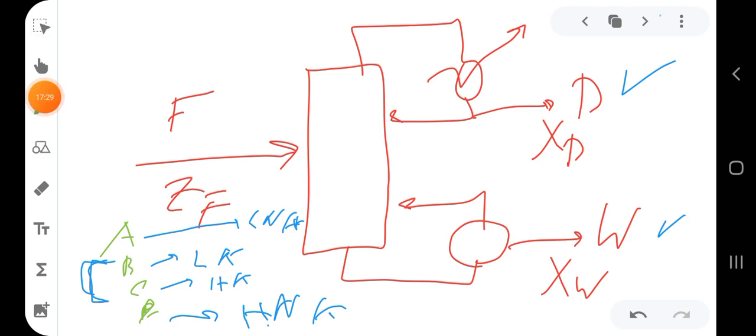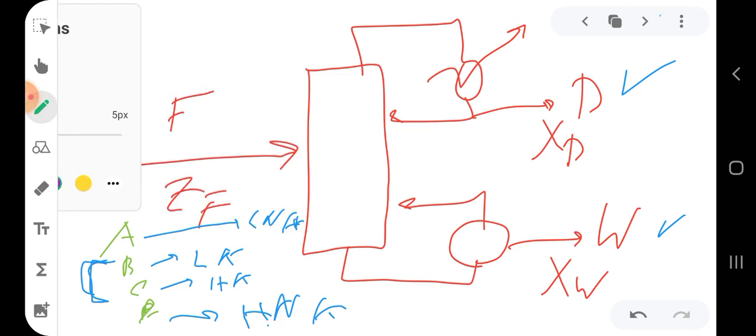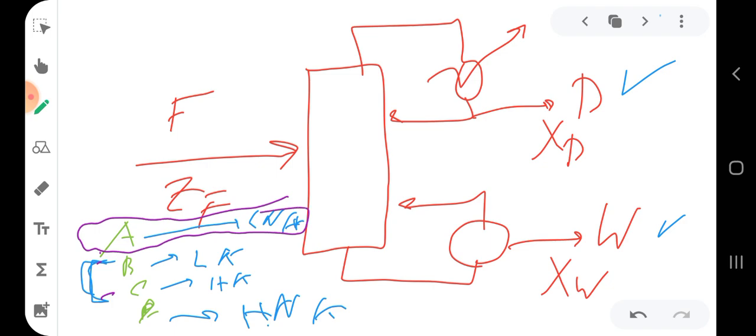So back to our example. Suppose that C is our heavy component and B is our light key. If A is lighter than B, in other words A has a higher relative volatility compared to B, we are going to assume that everything above the light key will be drawn totally at the distillate. Nothing of this A will be found in the waste.